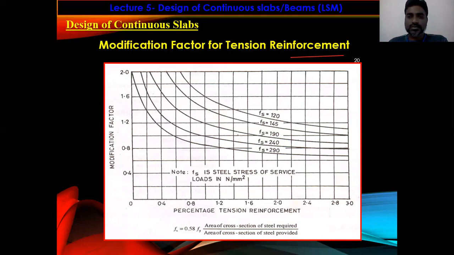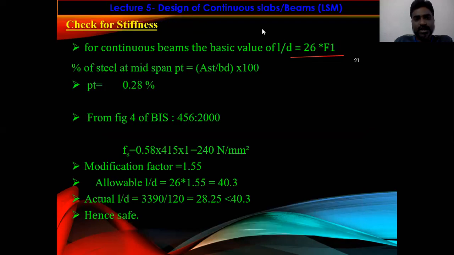That means you have to go to your first step, increase the depth of the slab, then calculate the effective span and loads, and again calculate the bending moments and reinforcements, etc. And then again come to the check. And this has to be done till the condition is satisfied. That means the actual L effective by D ratio should be less than or equal to the allowable value.